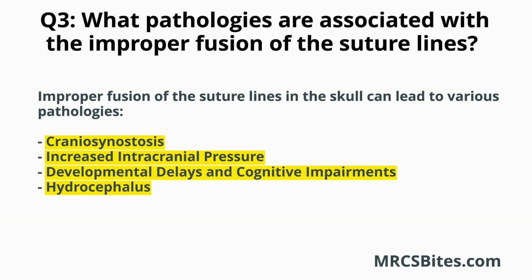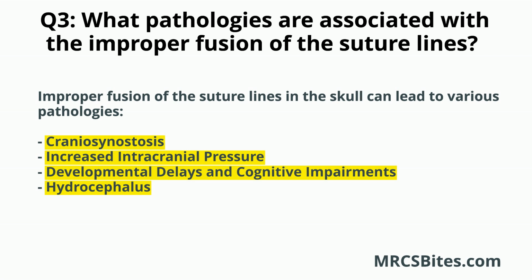Premature suture fusion can also restrict the growth of the skull, leading to increased intracranial pressure, which can cause headaches, vomiting, visual disturbances, and cognitive impairments. Abnormal skull shapes can sometimes impact brain development, leading to delays in developmental milestones and cognitive challenges.